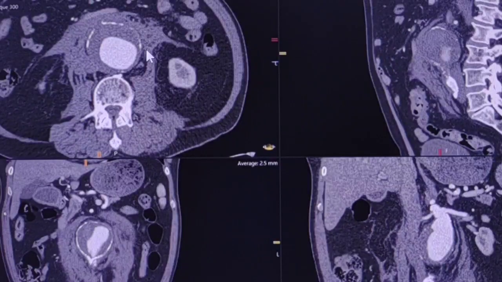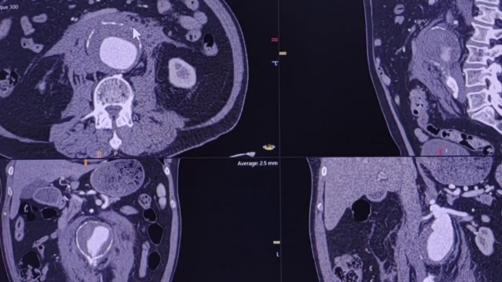This case is a male 68-year-old with acute onset of central abdominal pain radiating to back, and the patient was hemodynamically unstable. The findings: this is a typical retroperitoneal hematoma on a background of a quite large abdominal aortic aneurysm.